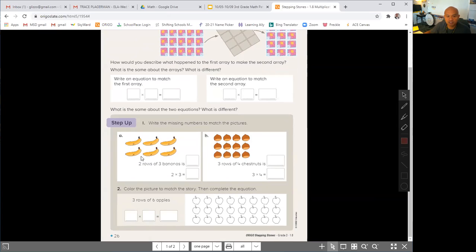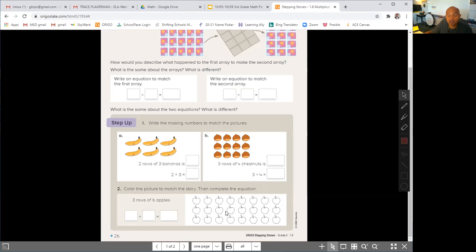Do I see 2 rows? Yes. 3 bananas in each row. How much is that? Just count the bananas, write that answer there, and here's the multiplication for it. And then here we have chestnuts, 3 rows of 4 chestnuts. How many chestnuts do you see? Just count them up, write the answer there, and then also in the multiplication equation, you can write it here.